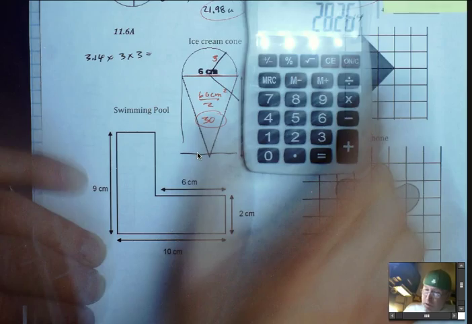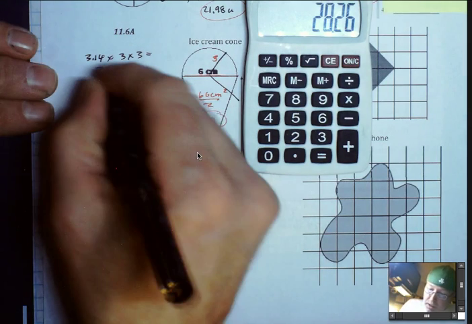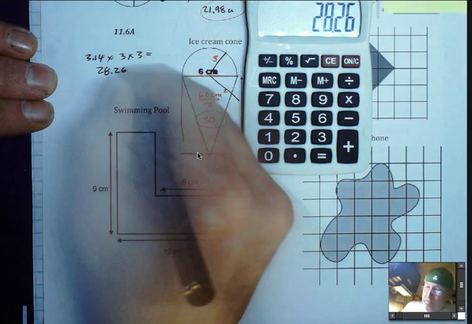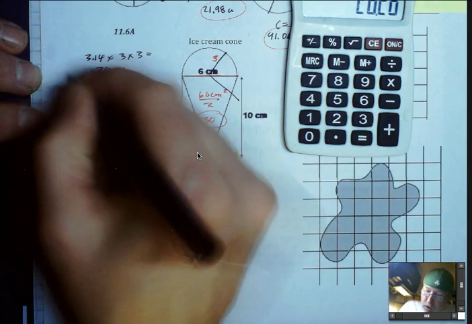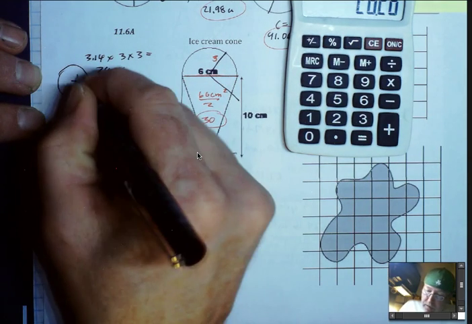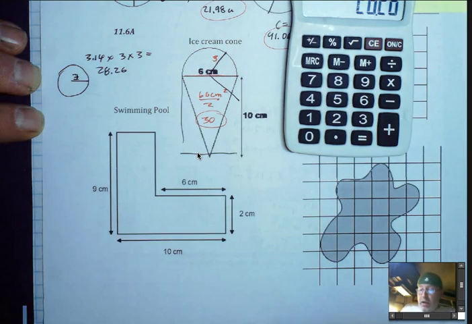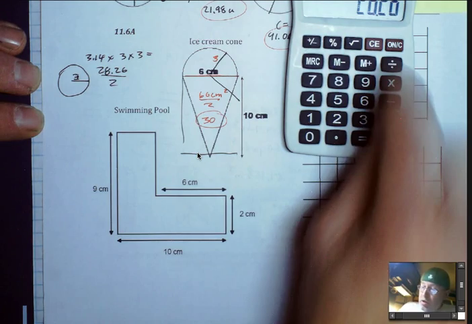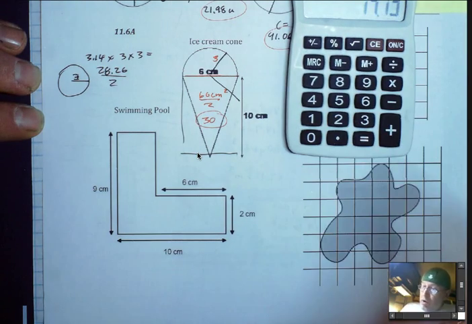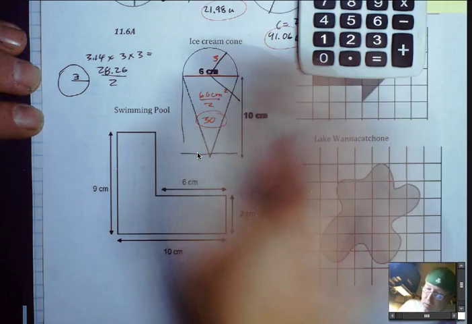We got 28.26. But remember, that would be for a full circle, a full circle with a radius of 3. We only have a half of a circle, so we have to divide that by 2. Then we get 14.13.